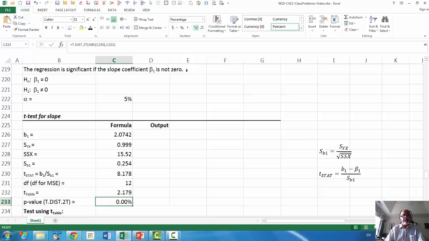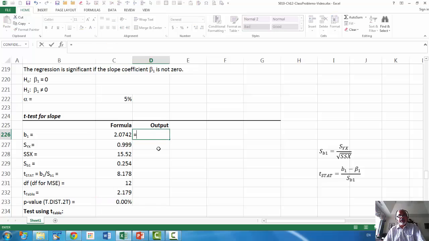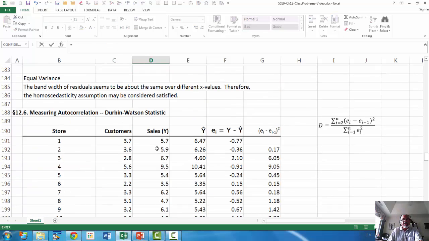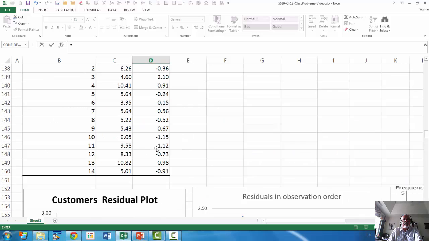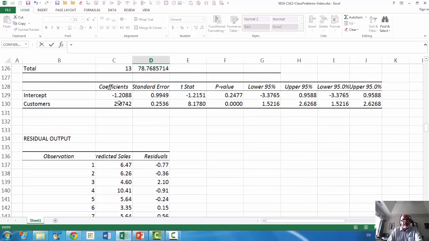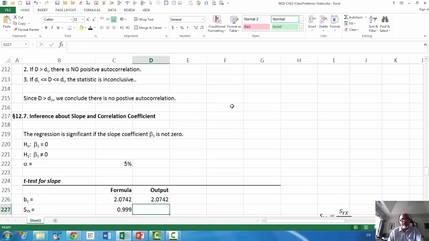Now you can get all of this information from the regression output also. Here, from the data analysis regression output, is your coefficient, and right next to it is the standard error. Right next to that is the t-stat value, and then the p-value. So all the information that we computed is available one after the other.